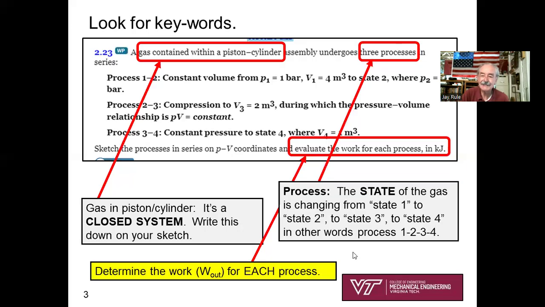So we're changing our states from 1 to 2 to 3 to 4. And let's see, what are you asked to do in this problem? It says, well, 1, sketch the processes on a PV diagram. You're going to have to do that with pencil and paper, but then finally, evaluate the work for each process in kilojoules. That's going to be very easy to do in MATLAB once you've got that sketch.